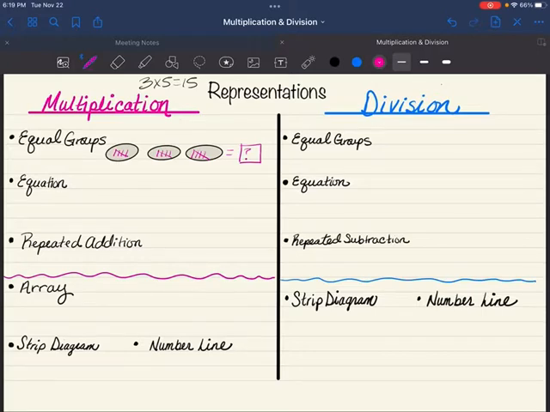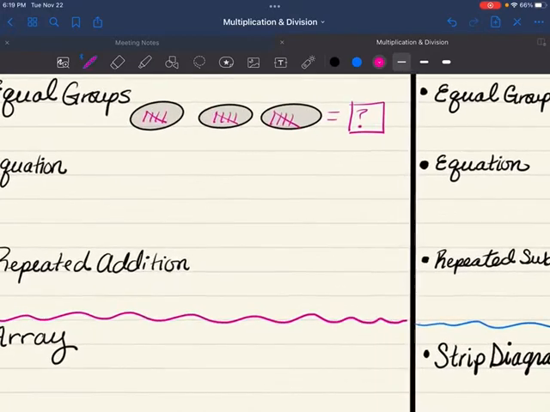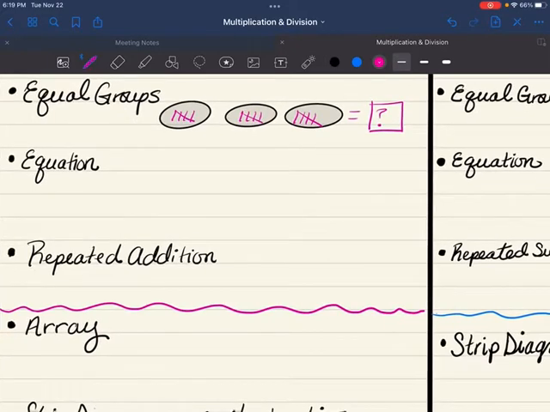Okay, let's move on to equations. An equation is when you simply write the equation as I wrote it above. 3 times 5 is equal to, we don't know.